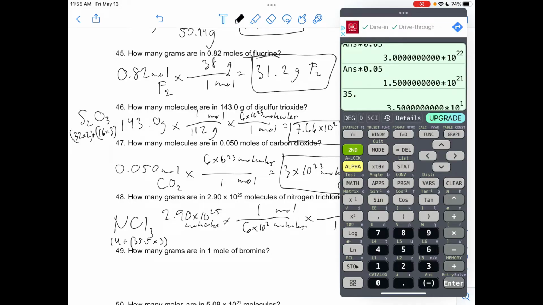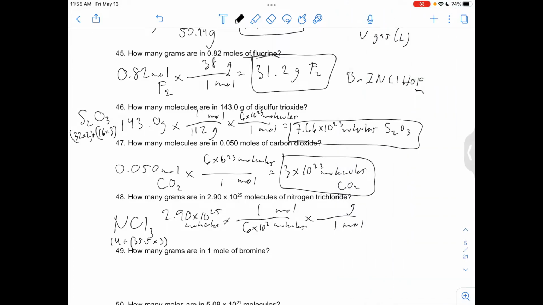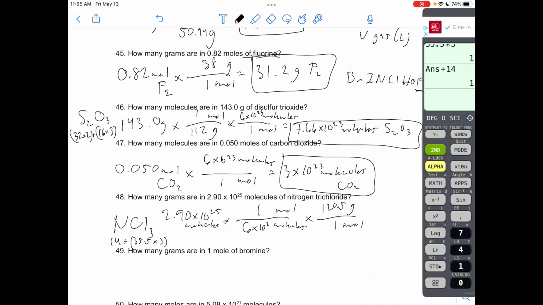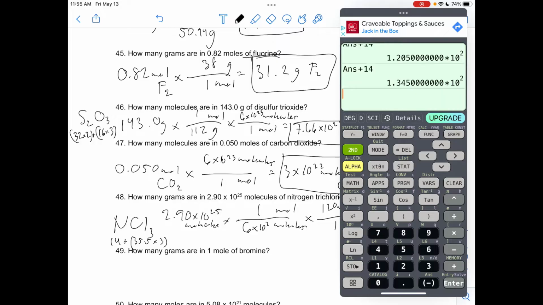So 35.5 times 3 added to 14. Okay, so what is that? 120.5. So 2.9E25 divided by 6E23 times 120.5.